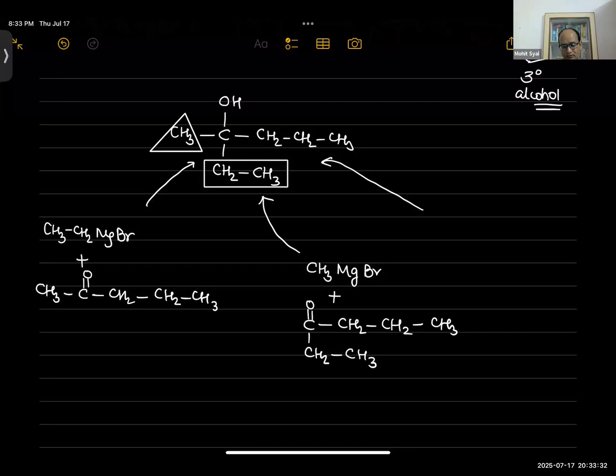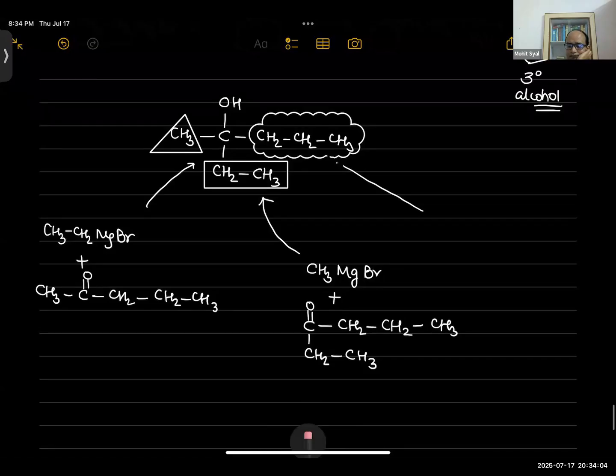Or there is one more option. We have taken this as a Grignard and the remaining part as a ketone, or what else can we do? Now we are left with this, we can take it as Me.